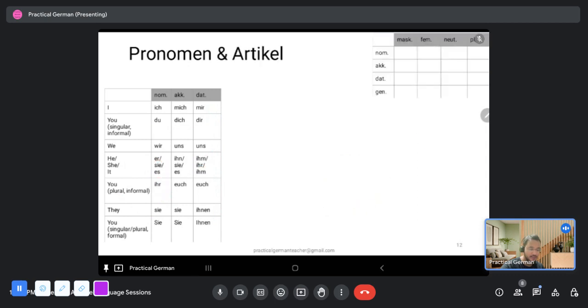So this is what you know. Let's talk about articles. Narendra, please give me the definite articles. Masculine, feminine, neutrum.